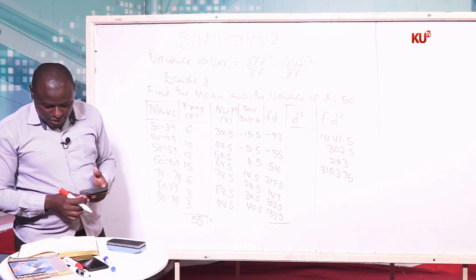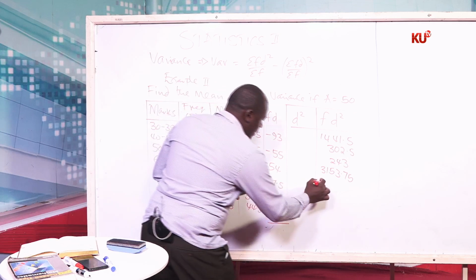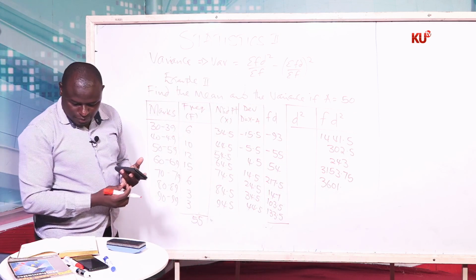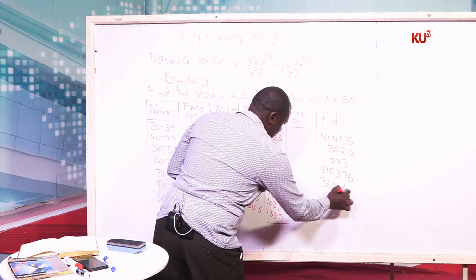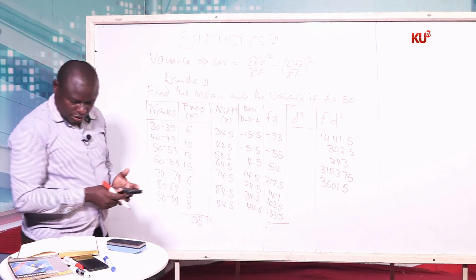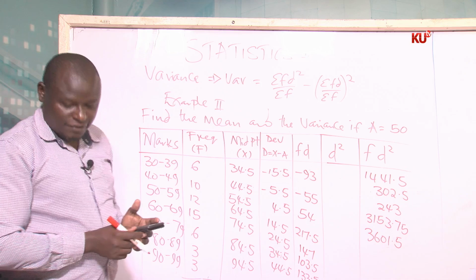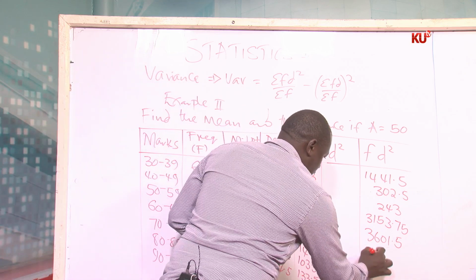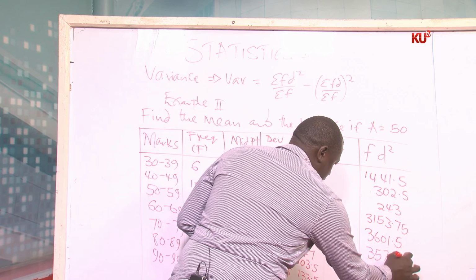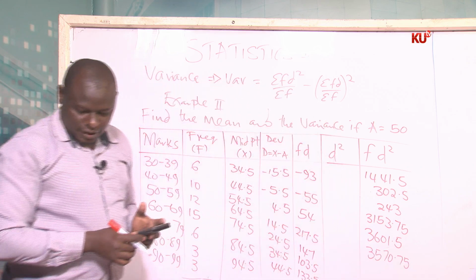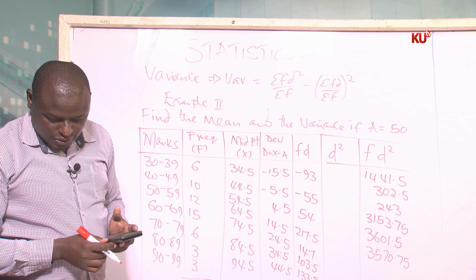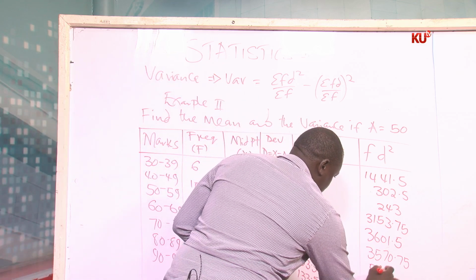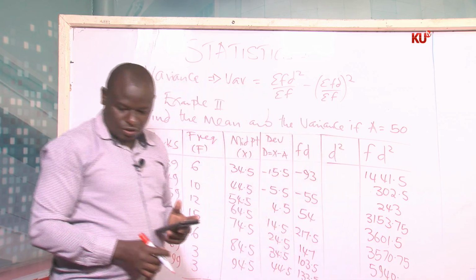The next one is 3601.5. The next one is 3570.75. The other one is the last one, 5940.75.